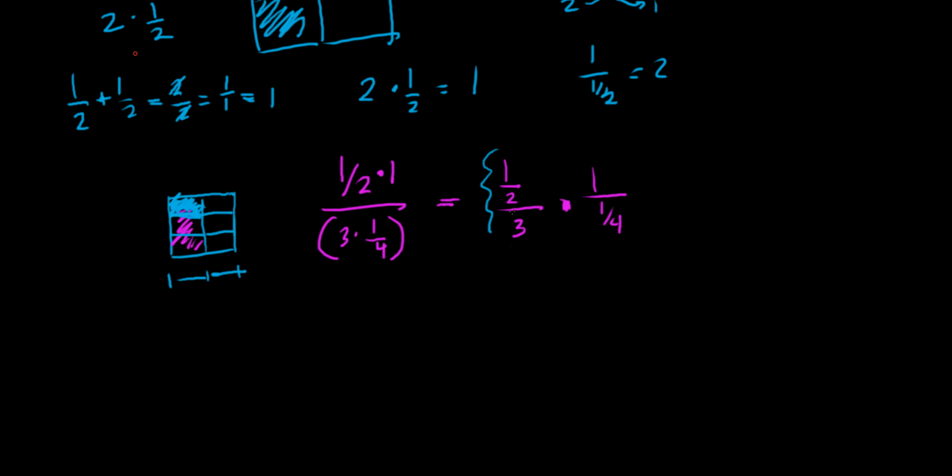When you do the 1/2 divided by 3, you get this 1/6, because you have a half, you divide it into thirds, and then you have to divide the whole thing, and you see you have 6 equally sized parts, and we have one of them.